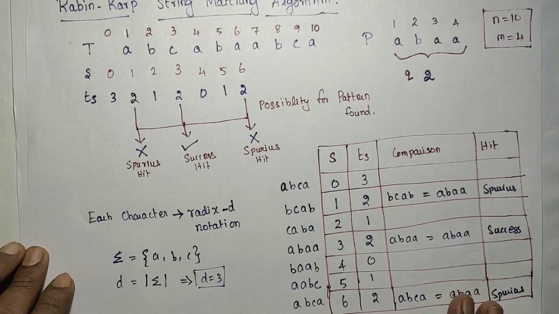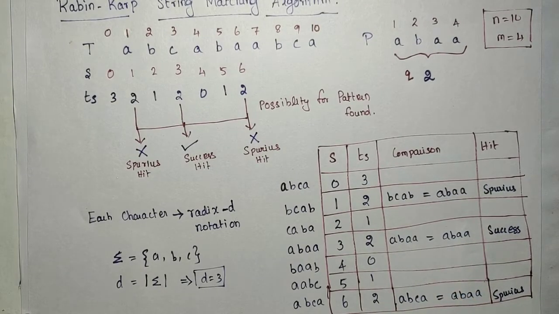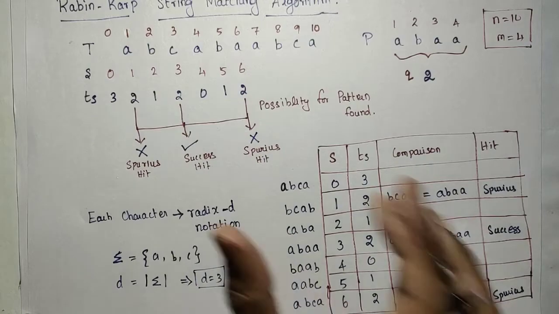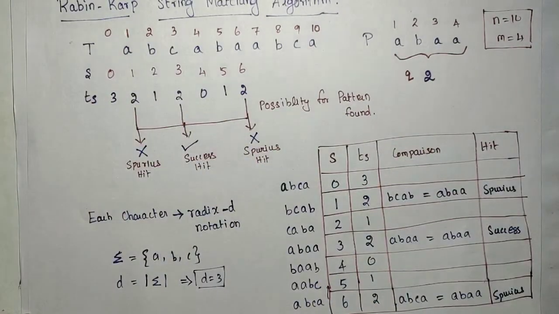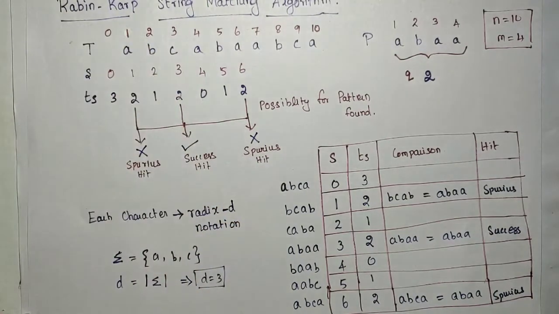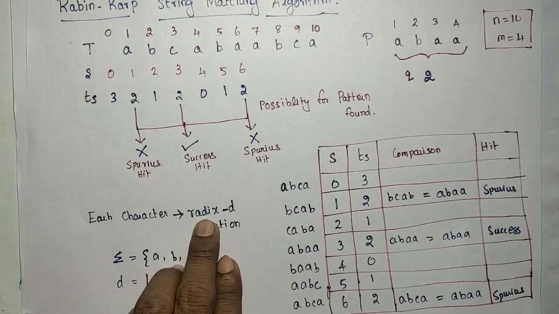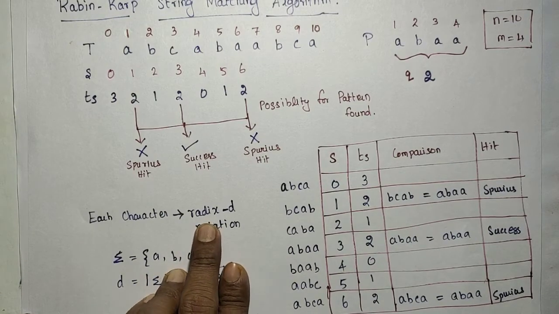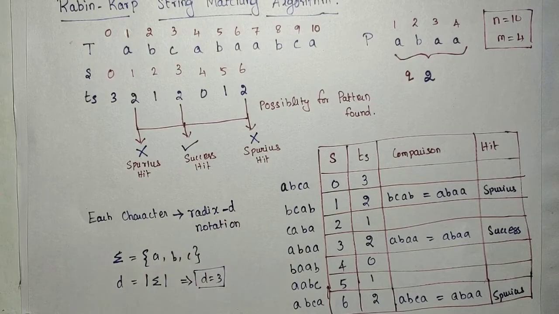Suppose you are using only the alphabets, lowercase letters, that is 26 letters. If you are using A to Z only, then we can say radix 26. If you are using both lowercase and uppercase alphabets, then it will be called radix 52. If you are going to use only the digits 0 to 9, how many digits are there? 10 digits. That is radix 10 notation.